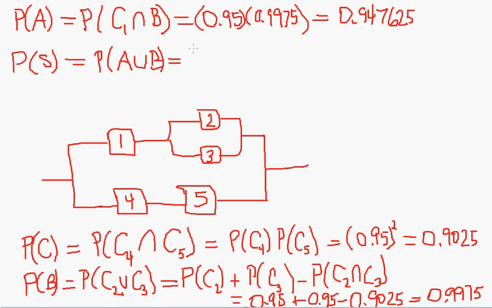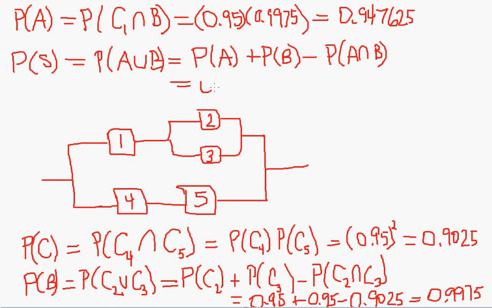So by our addition rule, that's the probability of A working plus the probability of B working minus the probability of A and B. Okay, probability of A is 0.947625. The probability of B working is 0.9025.